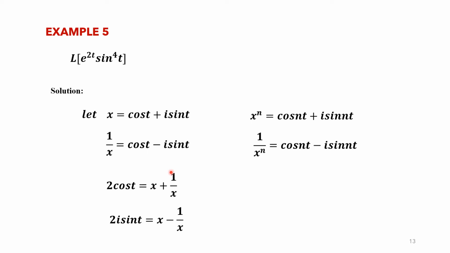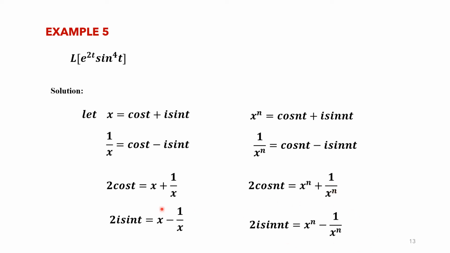Similarly, for the reciprocal we will have a negative sign. If x is plus, 1 by x is minus. So if x raised to n is plus, then 1 upon x raised to n will be cos nt minus i sin nt. Again adding both: 2 cos nt is x raised to n plus 1 upon x raised to n. And 2i sin nt is x raised to n minus 1 upon x raised to n.